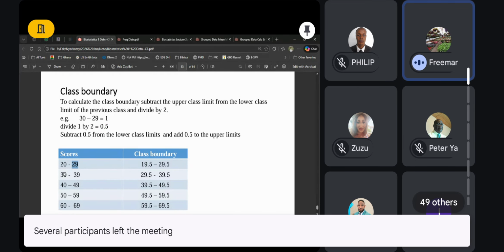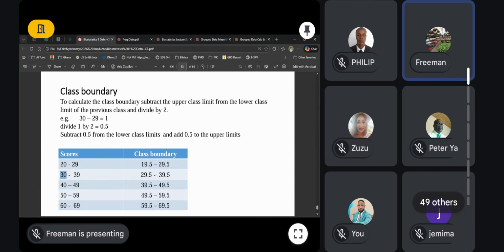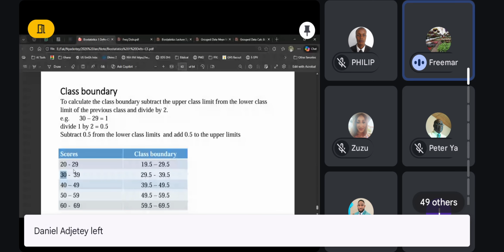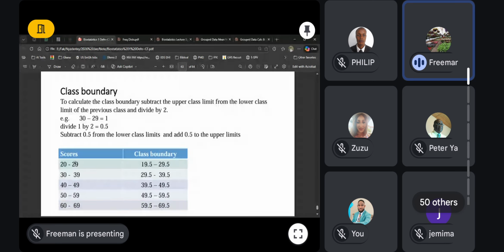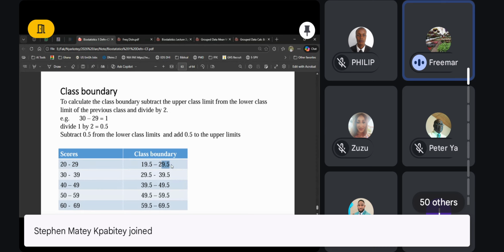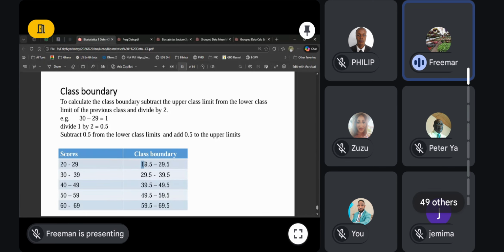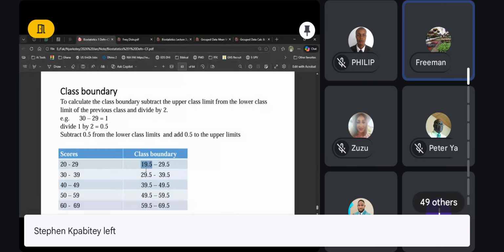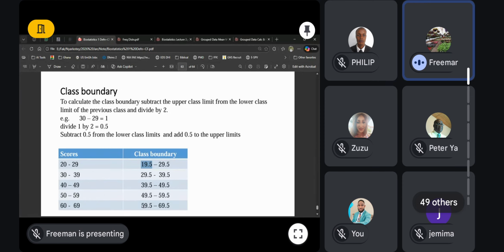You add this and this, and you divide by 2. Whatever you get, you add it to this one, which is 29.5, and subtract from the left side. That gives you 19.5. So all the left sides, you are subtracting. But the right side, you are adding.